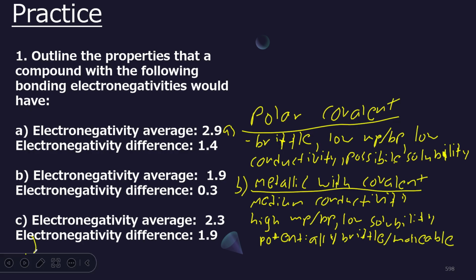So C then, average 2.3, difference 1.9. So this is going to be ionic. 2.3 is pretty in the middle.